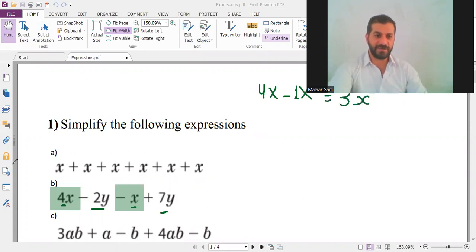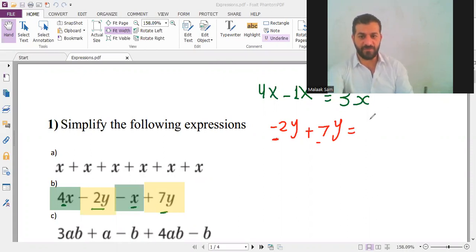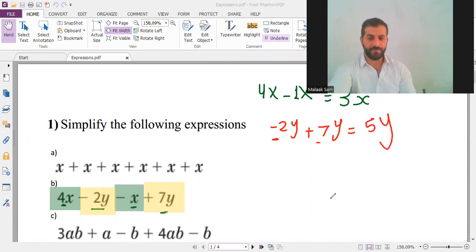So I collected like terms, and I have plus 7y and minus 2y. Minus 2y plus 7y, they are like terms. So minus 2 plus 7 equals 5. So it's 5y.